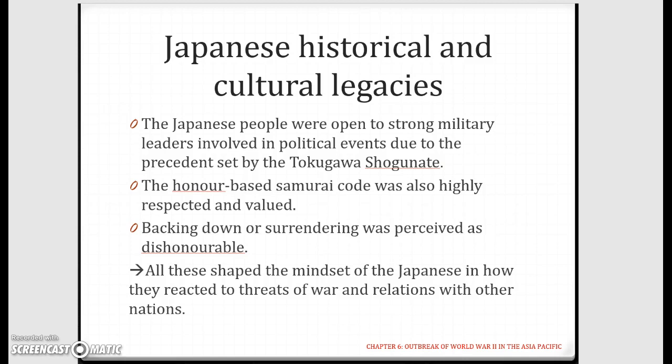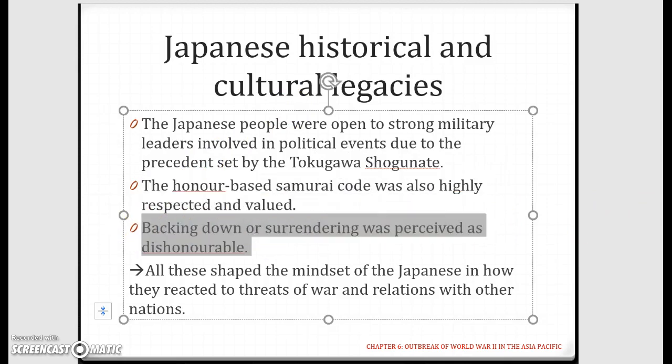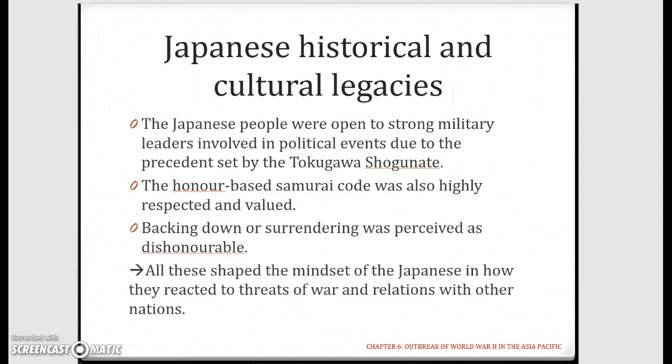But yeah, if you're interested in that, go read up on that as well. And the few things that you see here on their culture, okay, they were highly respected, highly valued. Backing down or surrendering is perceived as dishonorable. To understand this more, go watch the movie The Last Samurai, where you would understand what it is like. Of course, the movie focuses on Tom Cruise being the last samurai, and that wouldn't happen in real life, just in case you're wondering.